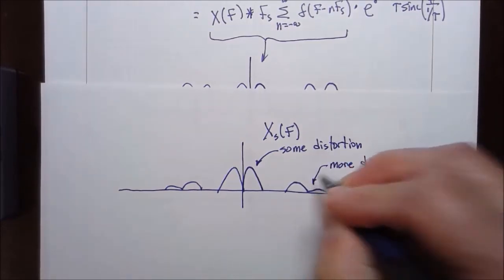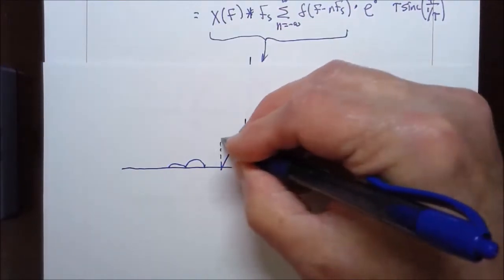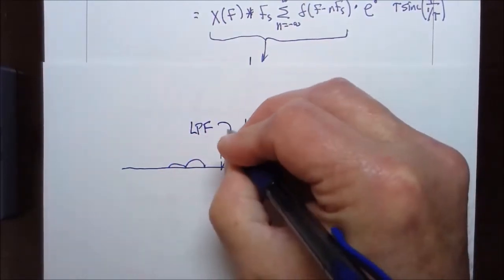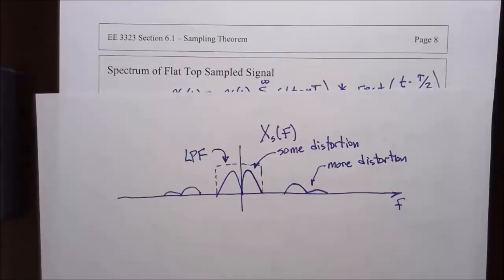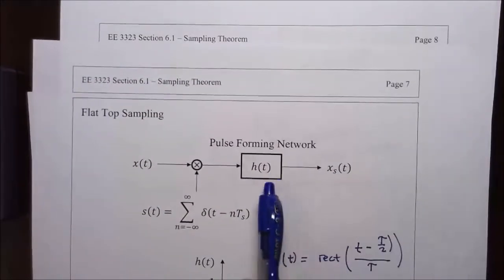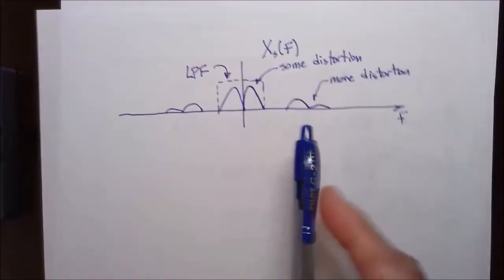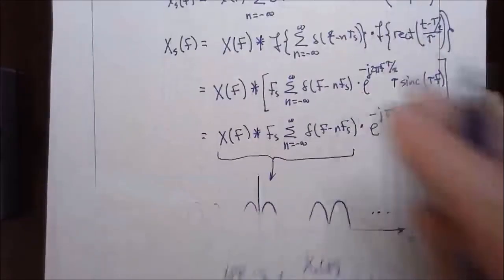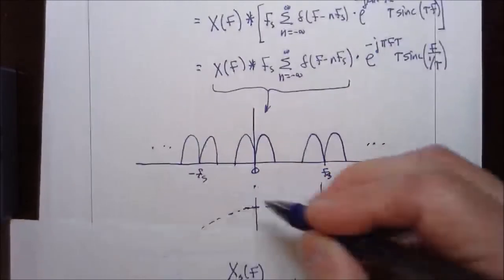But that really doesn't concern us too much, because we're going to use a low-pass filter, and because we know the characteristics of this pulse forming network, it tends to de-emphasize the higher frequencies.